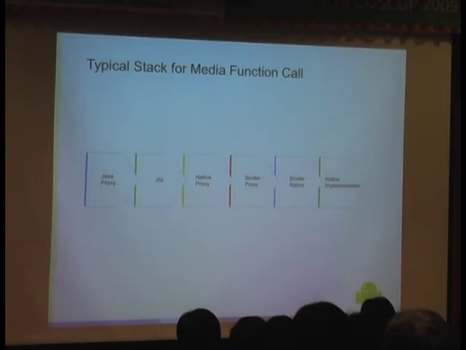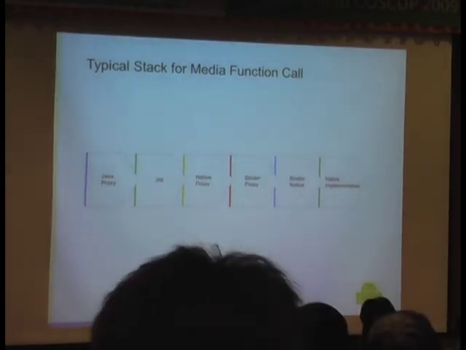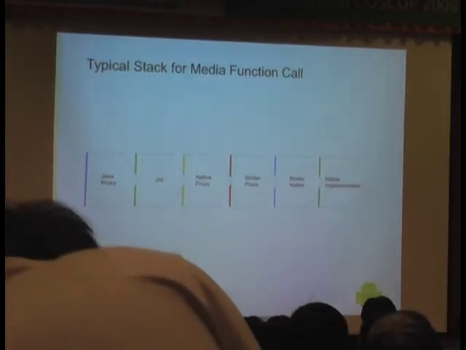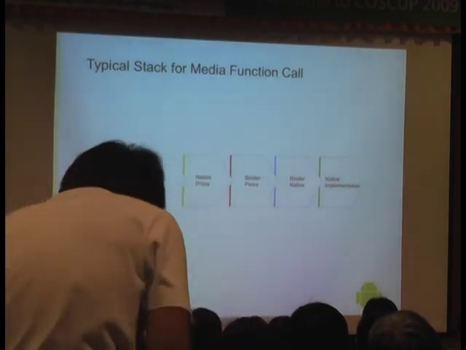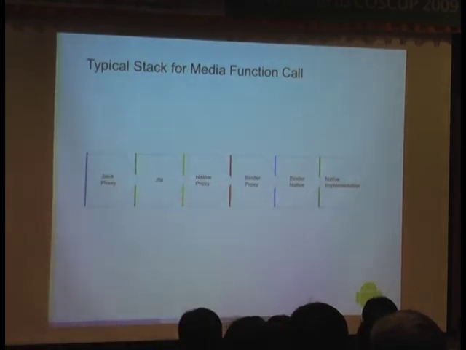So the reason for doing that is that in the future we want to be able to allow development of native applications that take advantage of the media server process. So by having most of the code live in native code as opposed to in Java, when we allow people to do development of native applications, which we've just started doing with the recent release of the native SDK, you'll actually in the future be able to use these features from native code.